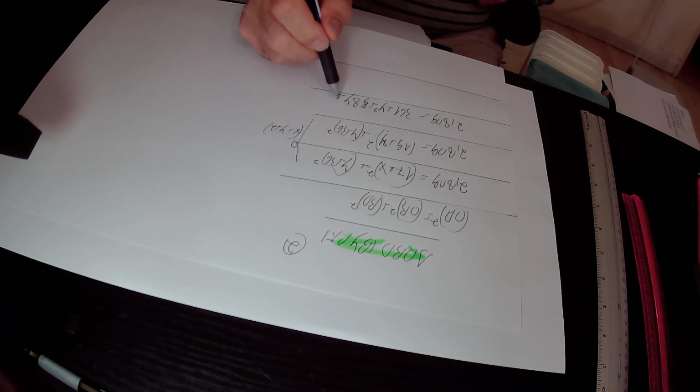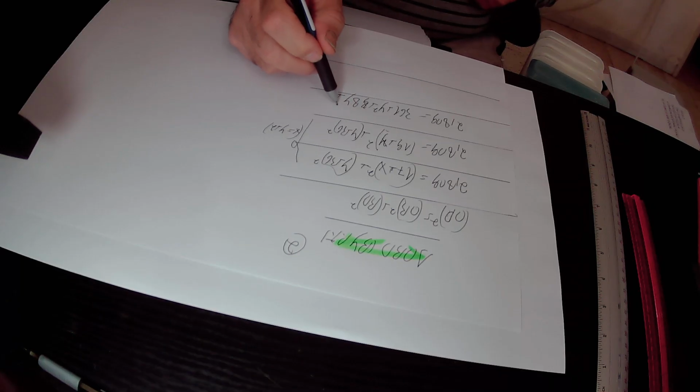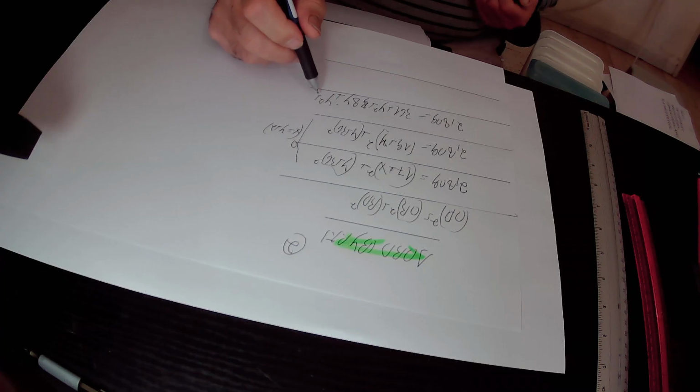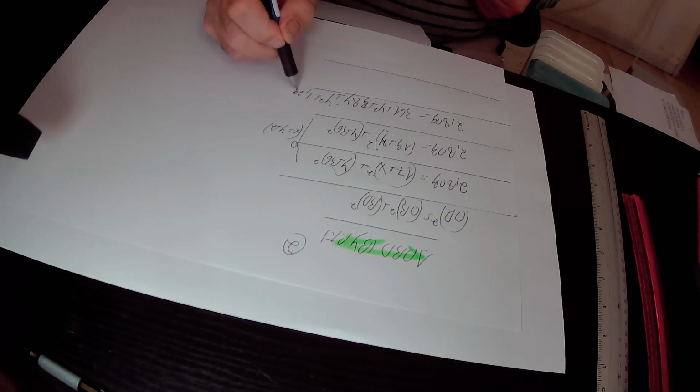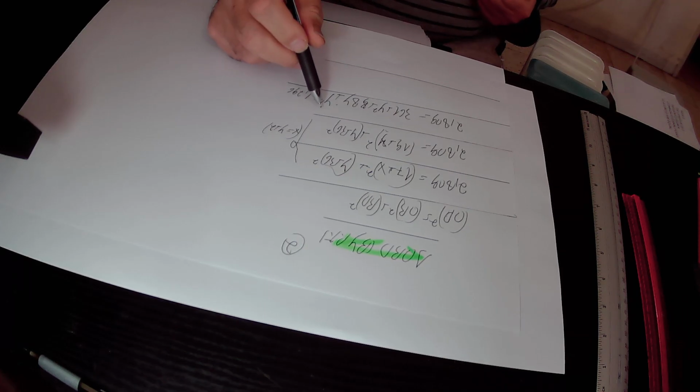And also (y plus 36) squared equals y squared plus 36 squared, 36 squared equals 1296, plus 2 times y times 36, which is 72y.